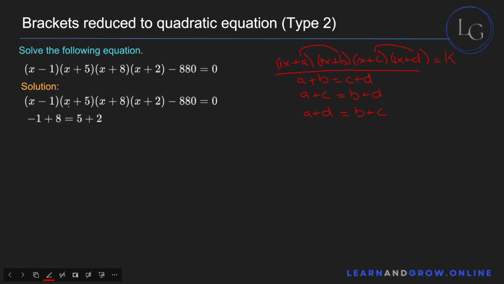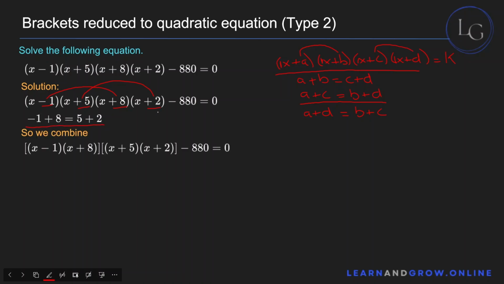You can clearly see that minus 1 plus 8 is equal to 5 plus 2. This is equivalent to basically this over here. Hence, the condition is being satisfied.